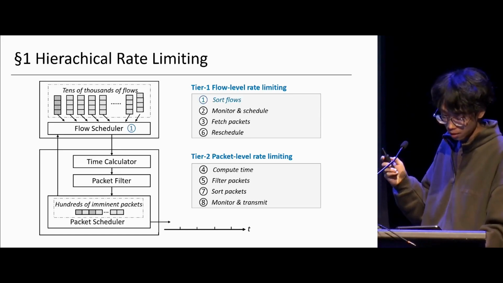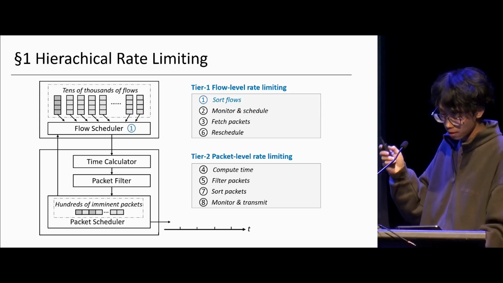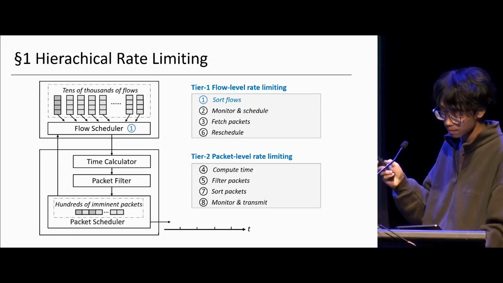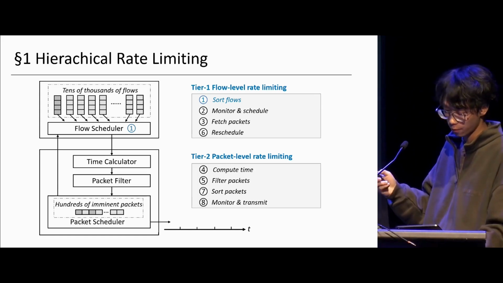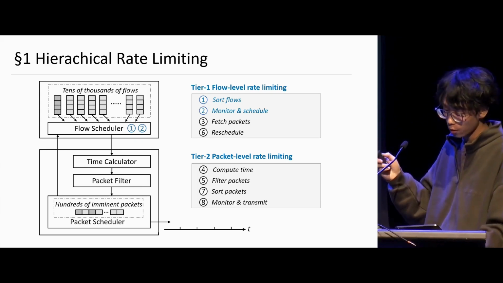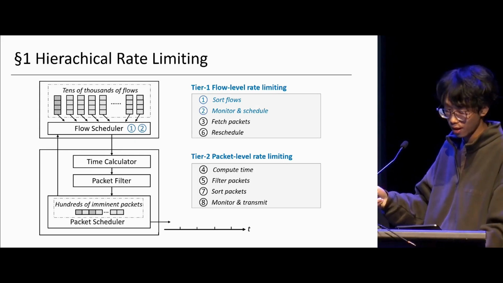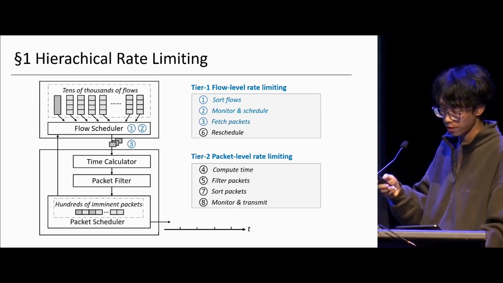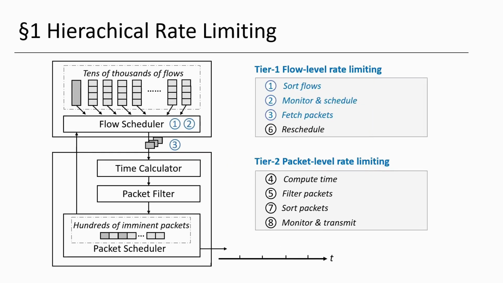The flow scheduler first sorts tens of thousands of flows by their head packet transmission time, and then identifies the latest flow. Second, monitor and schedule. The flow scheduler monitors the current system time and schedules the latest flow on time. Next, fetch packets. The flow scheduler fetches multiple packets for the subsequent packet level rate limiting.